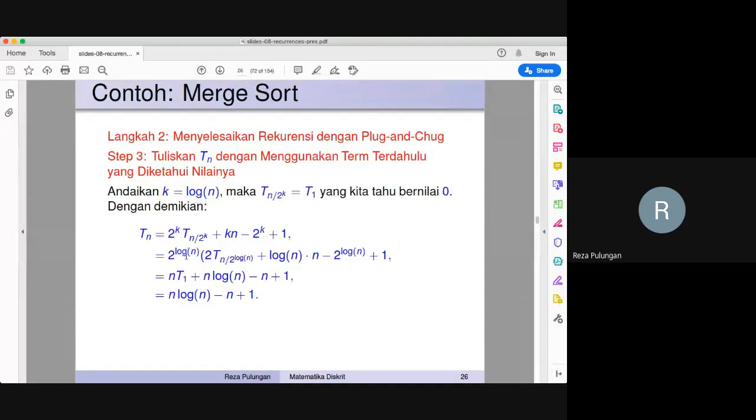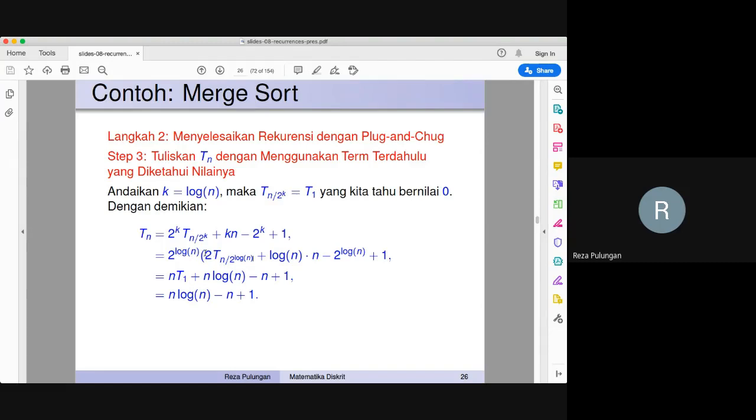Because k is equal to the logarithm of n, this is 2 to the power of logarithm of n, multiplied by T1. And then here there is kn: k is the logarithm of n, multiplied by n. And then here, 2 to the power of k plus 1.